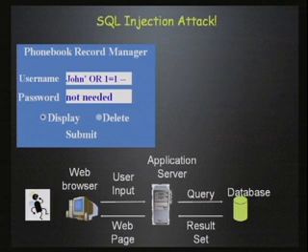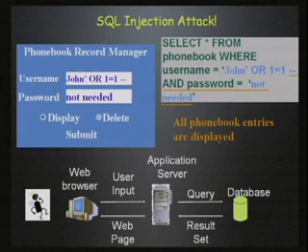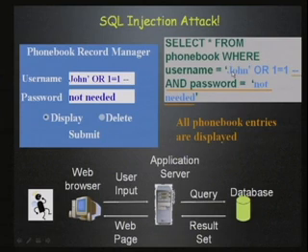Let's look at an attack scenario. Okay? The user inputs John followed by a single quote or 1 equals 1 followed by the 2 dashes. As you all know, the 2 dashes represent the comment character in SQL language. And let's say the user enters a password that says the password is not needed and chooses display. Right? In this case, let's see what happens. The query generated looks like this. Select star from phone book, where username is John, or 1 equals 1 followed by comment and a whole bunch of things.